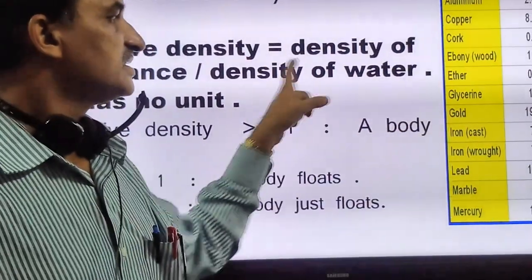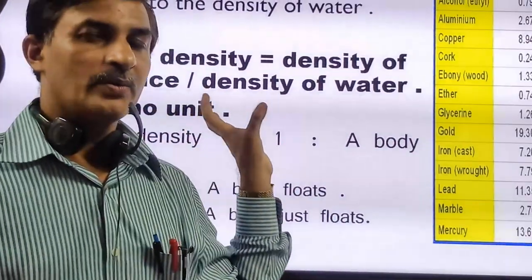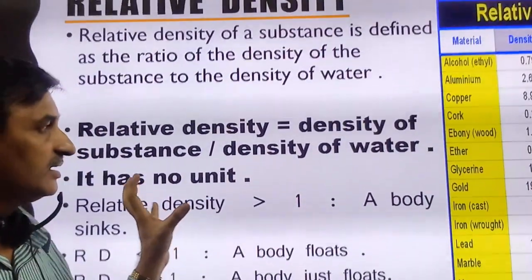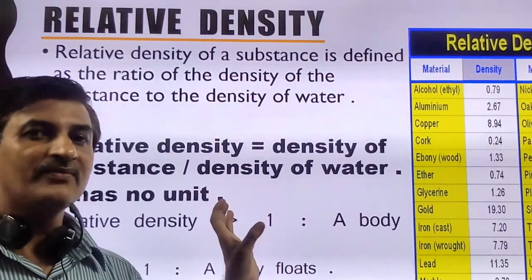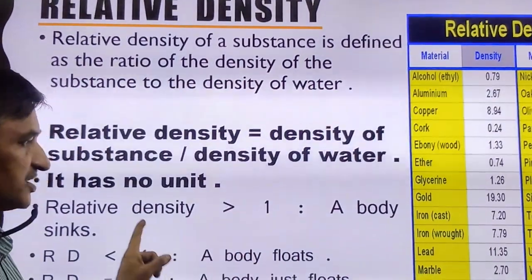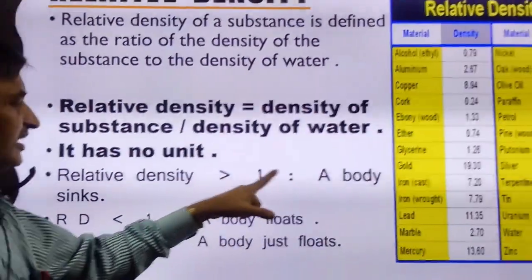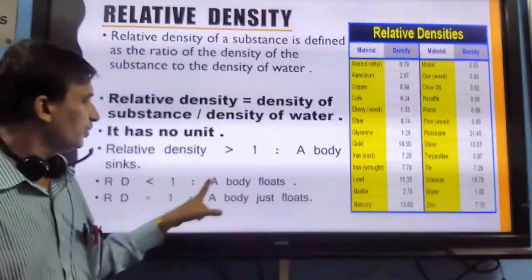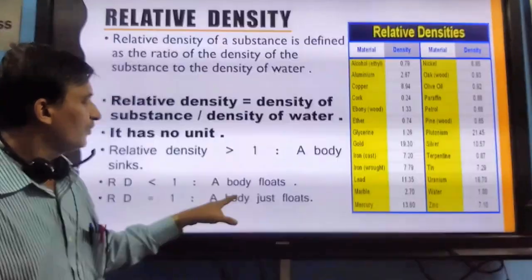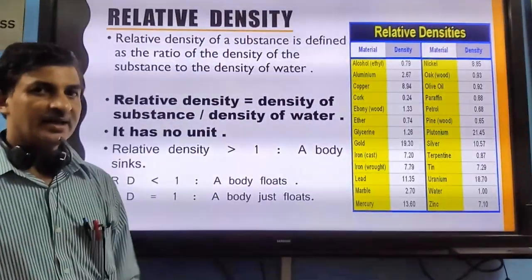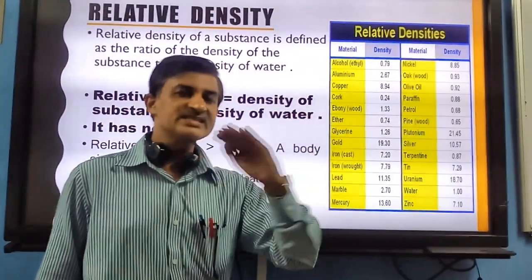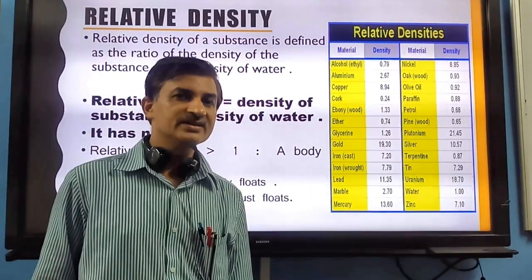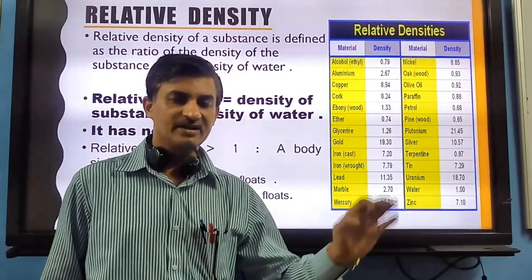Relative density is 1. So according to this, you can make a law of flotation. If the relative density is greater than 1, then the body sinks. If relative density is less than 1, then the body floats. If relative density is equal to 1, then the body just floats. In the case of ice, you can say ice just floats over the surface of water.